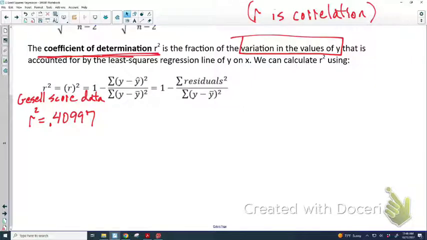So for the Gessel score, I would say 41.0%. Typically, I'd round further out, but that 799 causes us to round up to 41.0.